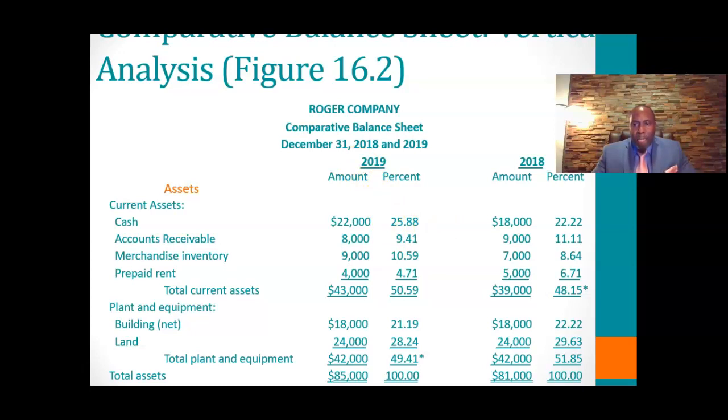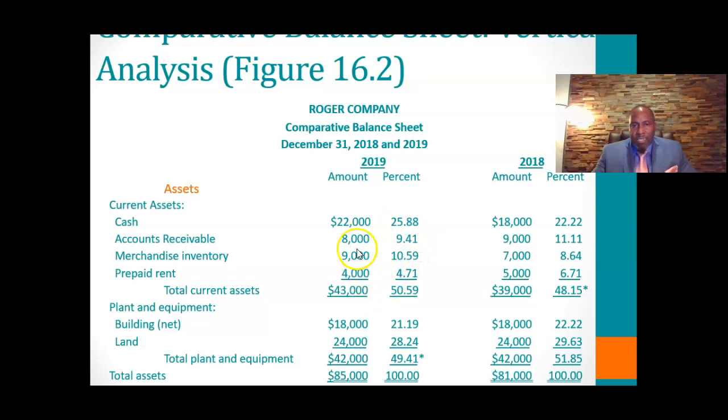current assets. So what is shown, each line item for each year is shown as a percentage of that company's total assets. Okay? Note that the total percentage must equal 100% when you add the percentages together of all the different assets. But with the vertical analysis, we're going to show each line item on the balance sheet as a percentage.